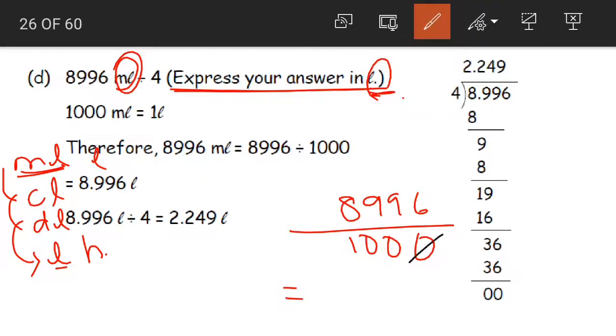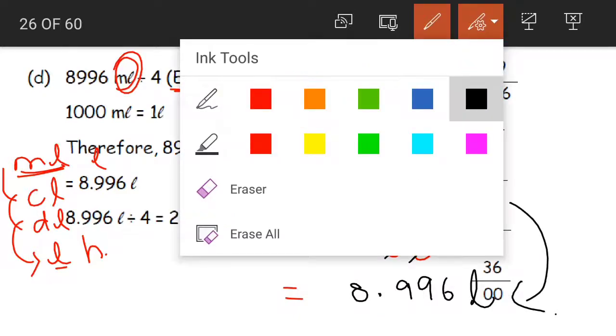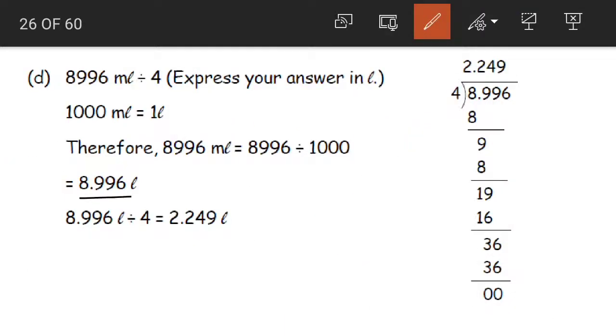We have 3 zeros in the denominator, so after 3 digits from the right, we'll place our decimal point. 8.996 liters. Upon dividing, the conversion is done. What are we converting? The milliliters we've converted into liters. 8.996 liters.